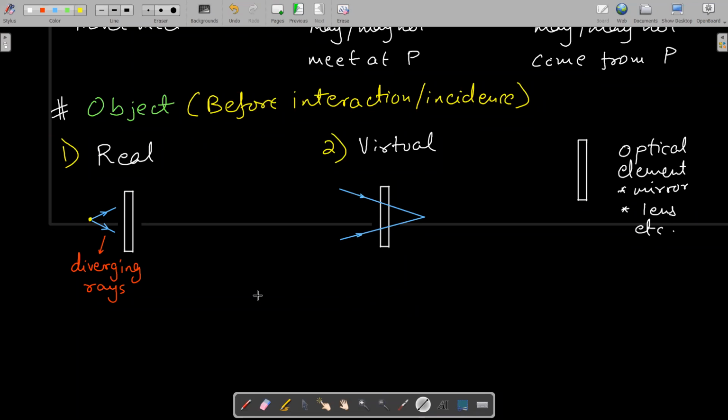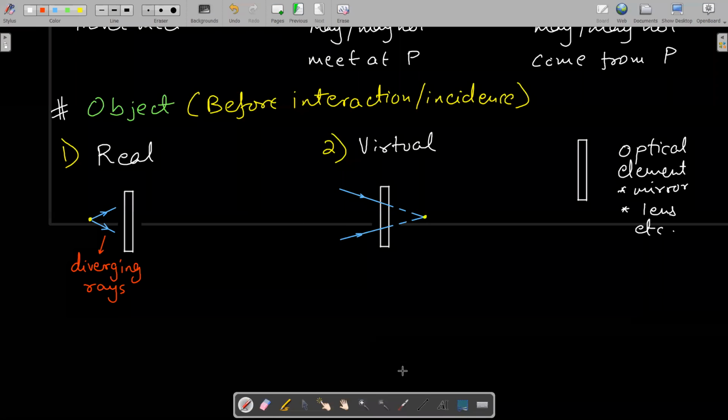They were supposed to meet at this point, but उससे पहले ही क्या हो गया? ये ऑप्टिकल एलिमेंट बीच में आ गया. Understood? So before interaction, they didn't get to meet.